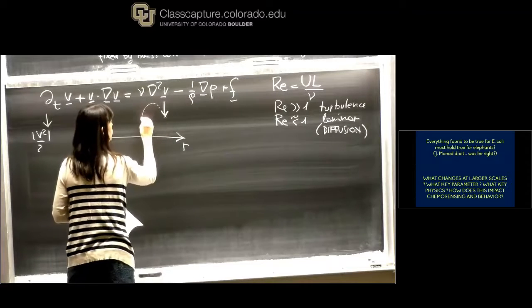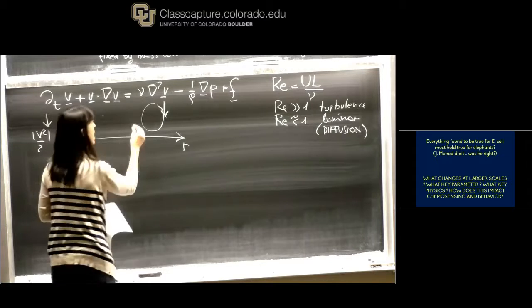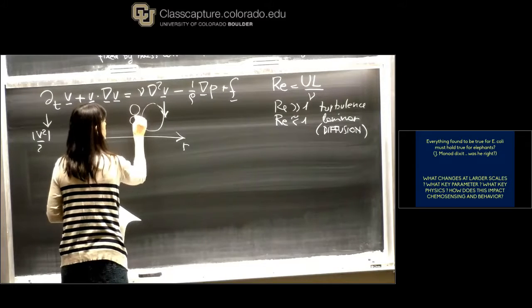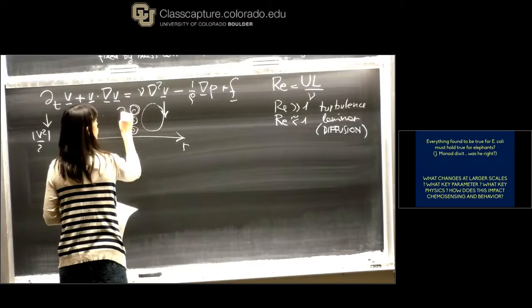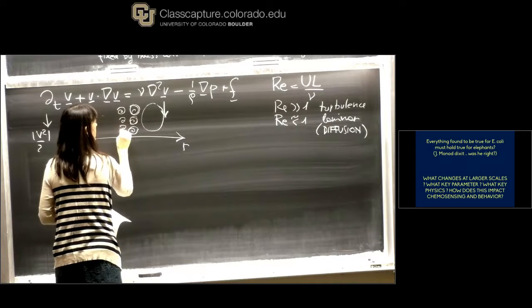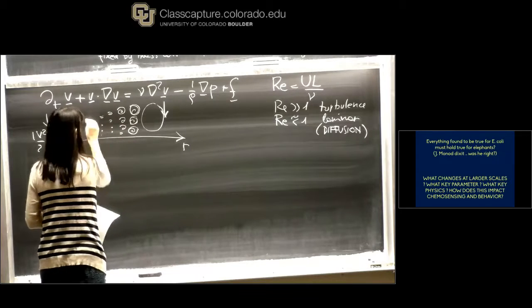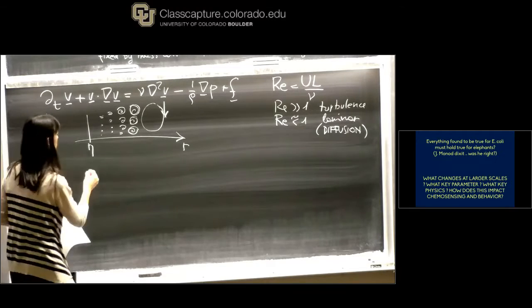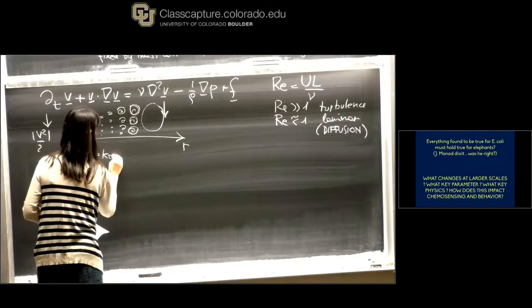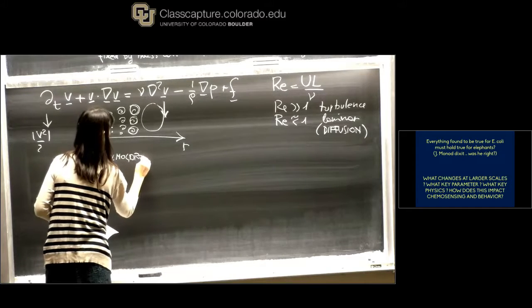So initially you'll create these large-scale structures, and then they break down into smaller sort of eddies, which break down into even smaller eddies, and even smaller, and even smaller, and then you get to a length scale eta, which is called the Kolmogorov scale.